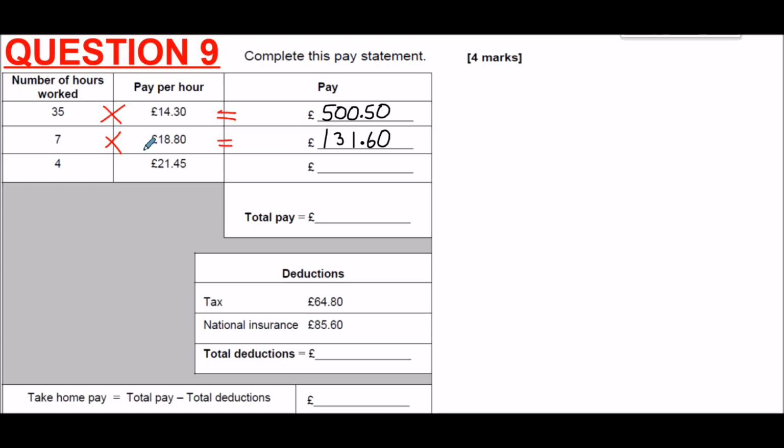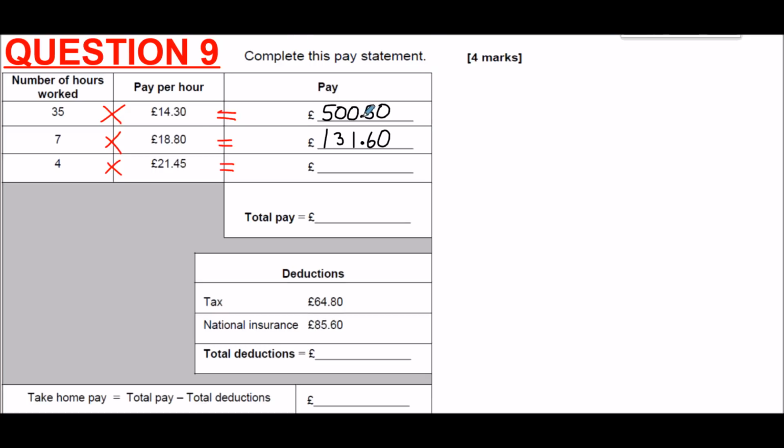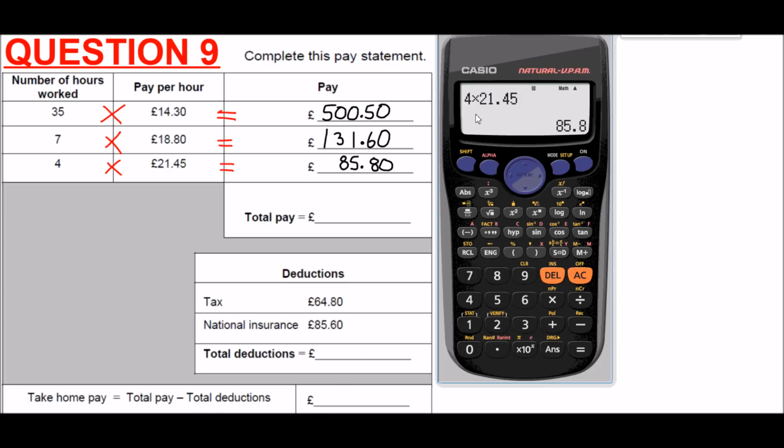And finally, 4 hours at £21.45 an hour. Multiply those together. And for that, we'd get £85.80. So for total pay, with these values added together, considering it's a calculator paper, we may as well use the calculator.